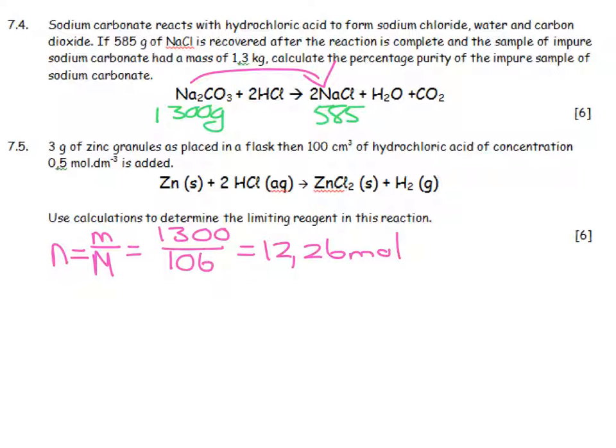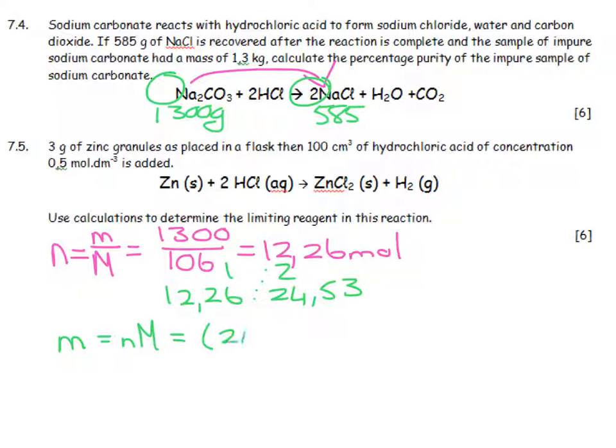So therefore, we're going to do a relationship between sodium carbonate and sodium chloride, and it's a 1:2 ratio. So 1 is to 2 as 12,26 is to 24,53. And I then say mass is equal to number of moles times molar mass.